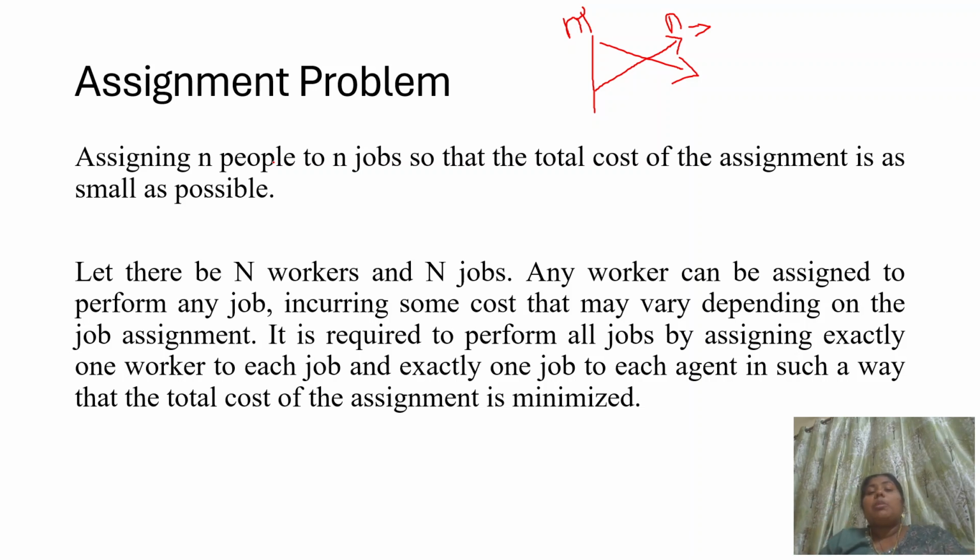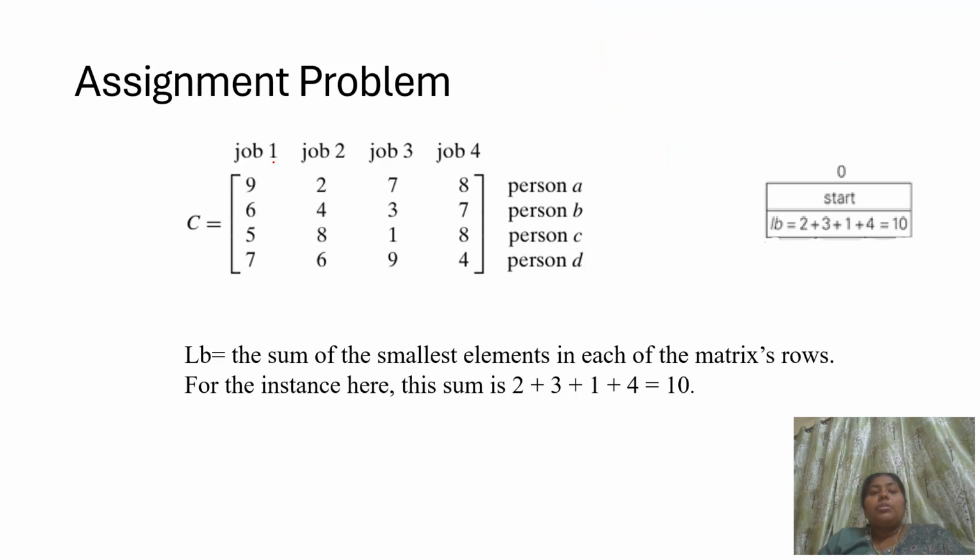For this assignment problem, I am going to use a cost matrix, which is normally given. The rows represent the various persons. There are 4 persons, and here we have 4 jobs. If a person is assigned to job 1, the cost is 9.